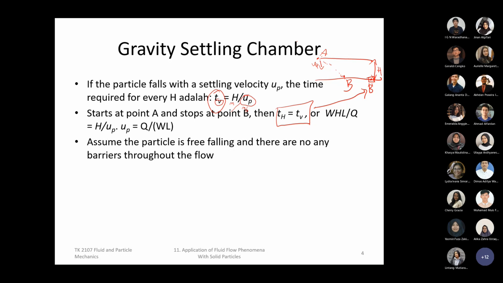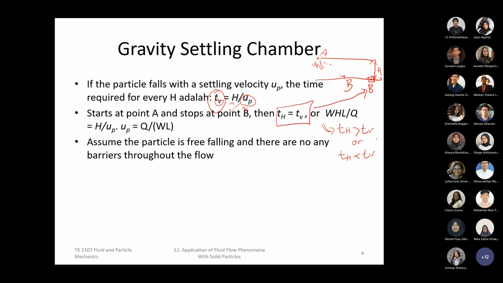So the question now, if you want to settle, which one has to be larger? Which one is correct? Do you want your residence time in the horizontal to be higher than vertical, or do you want your residence time in the horizontal to be less than vertical residence time?